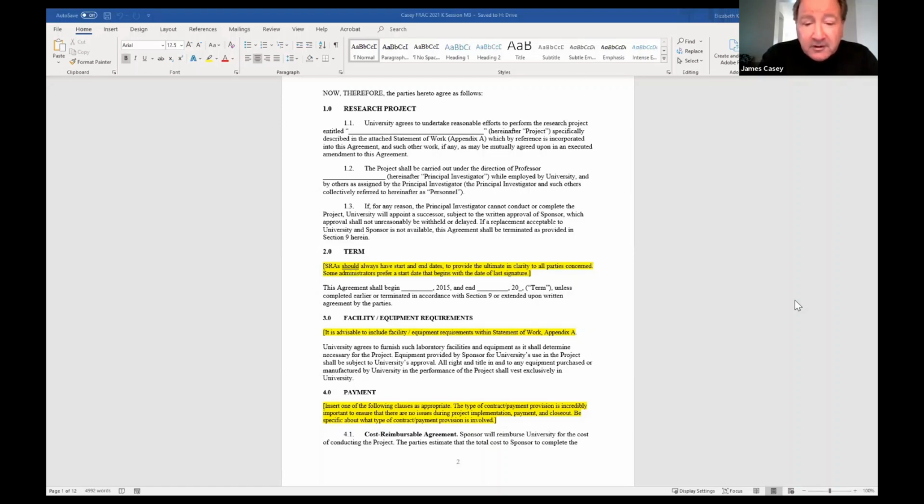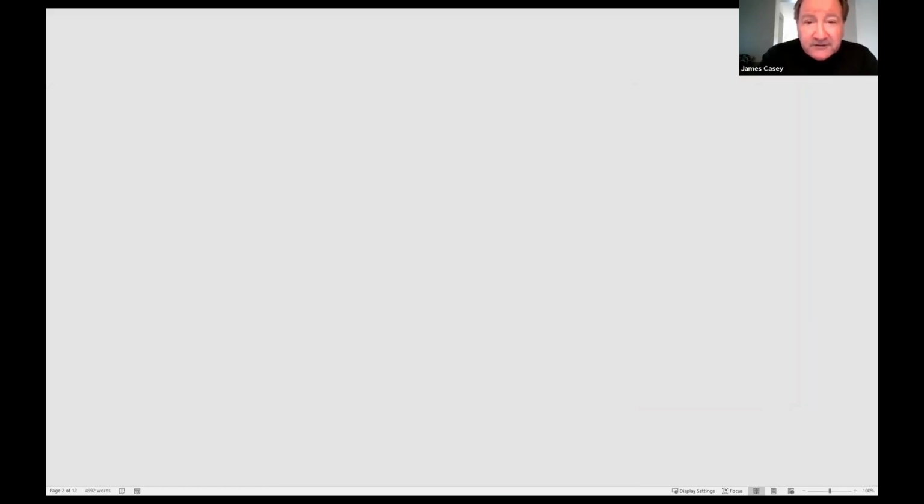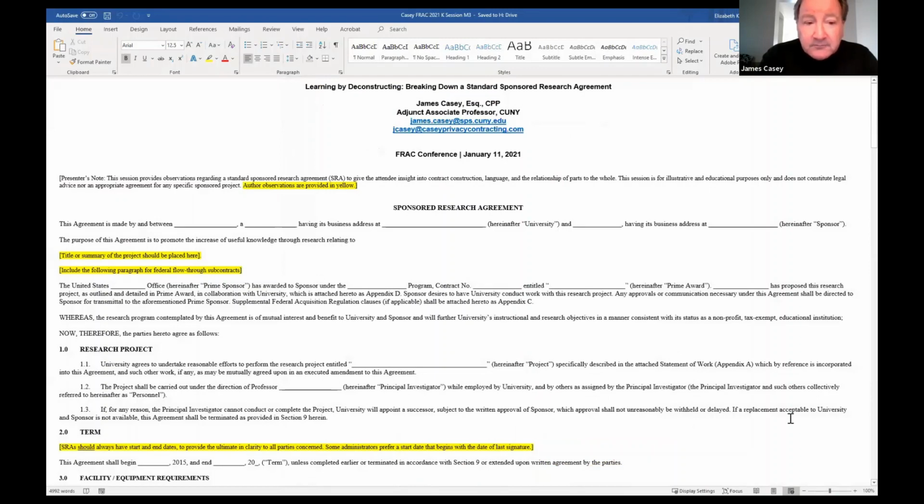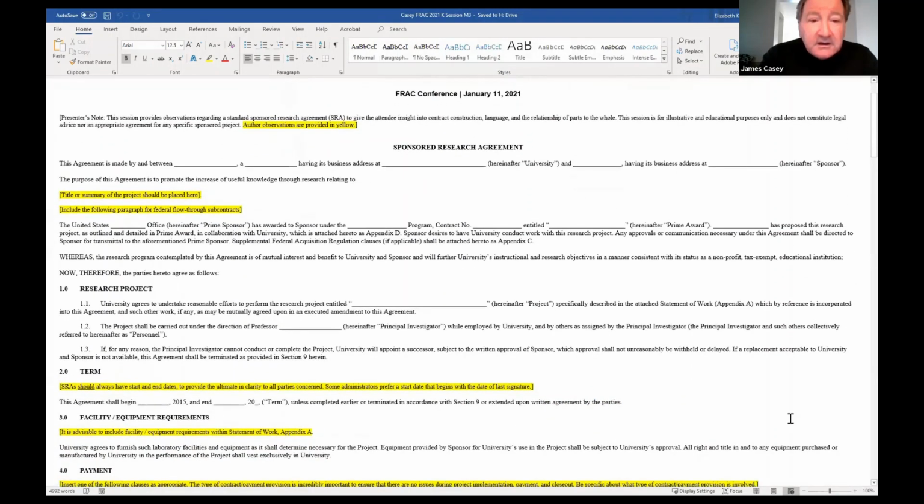Clause 2.0, the term, is an interesting topic, but I come from the school of thought that sponsored research agreements should have defined start and end dates. I believe in clarity. I believe in certainty. Some contract negotiators do like to put in language that says this contract starts 30 days after the last signature on the agreement. Some may say the contract is effective for 2 years from the date of the last signature.